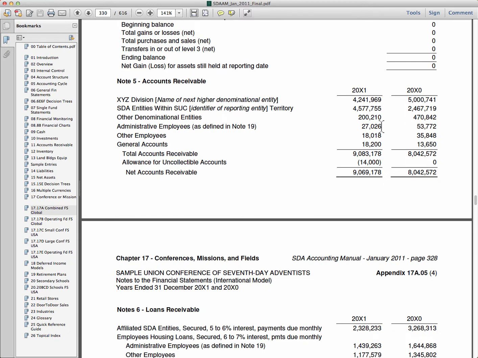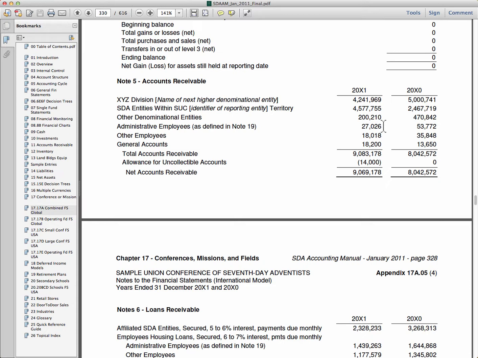Then you have administrative employees, which have to be broken out. Administrative employees, we're going to see, come from note 19, are listed, but they are your officers, okay? Your 3 officers at a conference or a union, and it could be your president, secretary, and treasurer, or if you're a university, it could be a president, a vice president for finance, and your vice president for academic affairs and vice president for student affairs, any administrative employees.